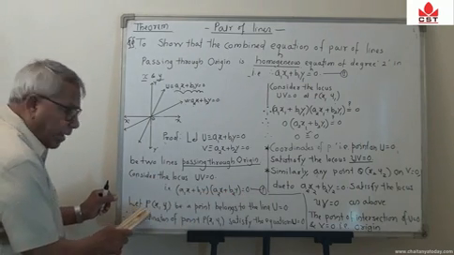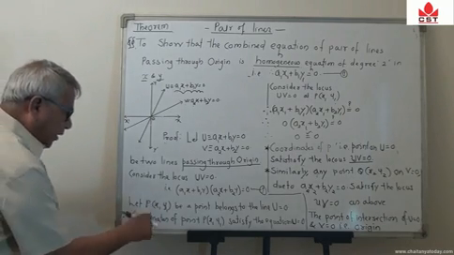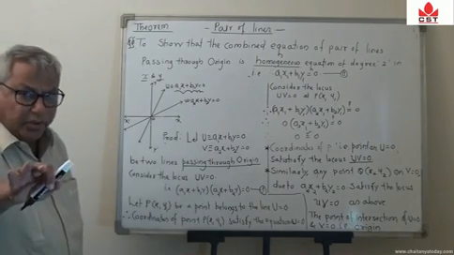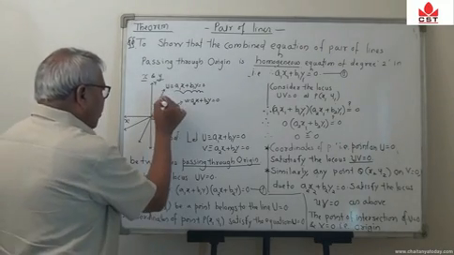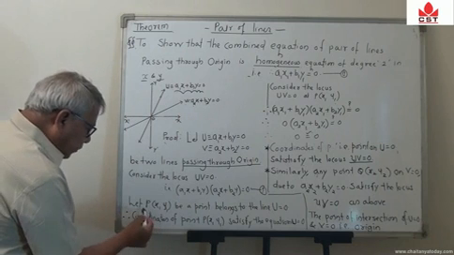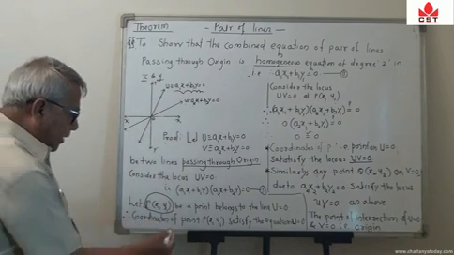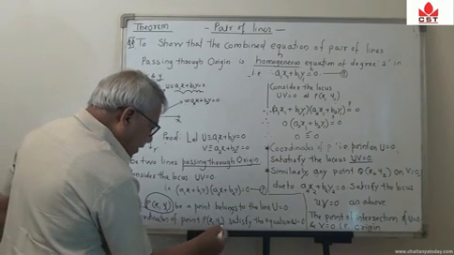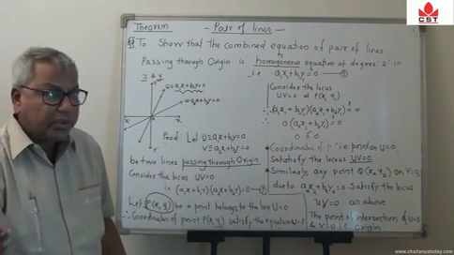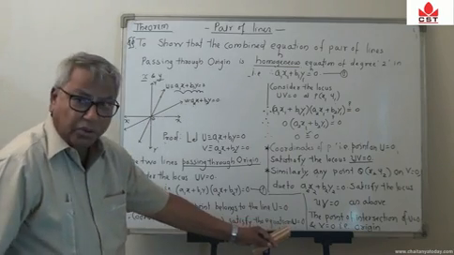Okay. Let P(x1, y1) be any point belonging to the line u is equal to 0. I have considered one point on u is equal to 0, any point here, say P. Therefore, the coordinates of point P, (x1, y1), satisfy the equation u is equal to 0, since point P(x1, y1) lies on the line.